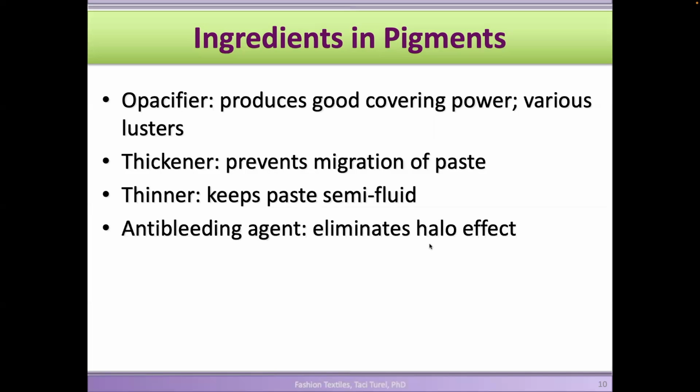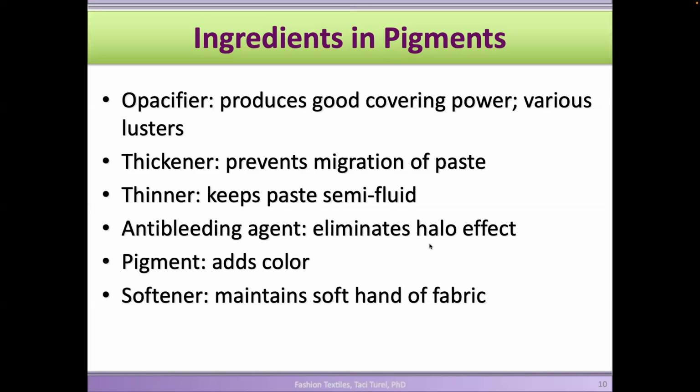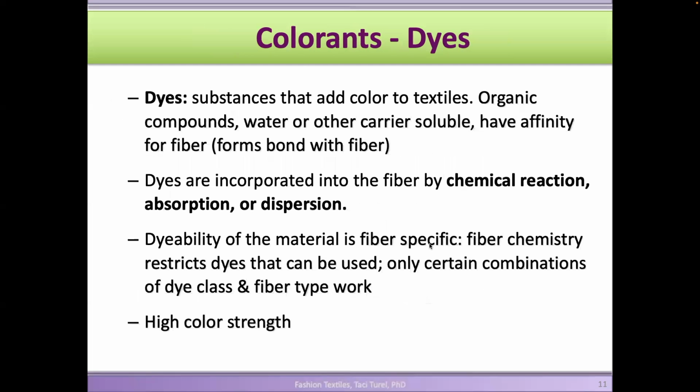There are sometimes anti-bleeding agents that eliminate the halo effect on your fabric. And then the actual color pigment is the one that adds the color. So you're using pigments which also have all these other ingredients to make it a very successful dyeing process. Softeners are also included, because when you use pigments, it kind of hardens up your fabric. So you use softeners to make the fabric softer.